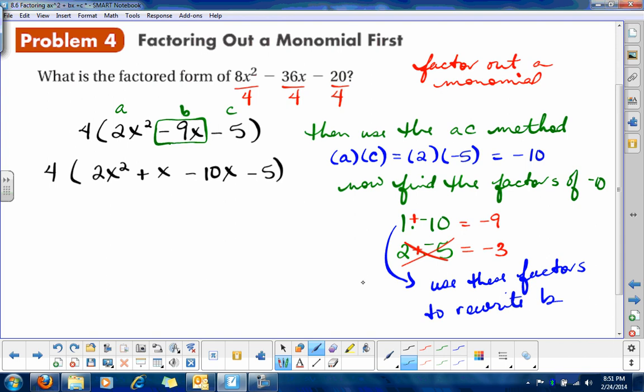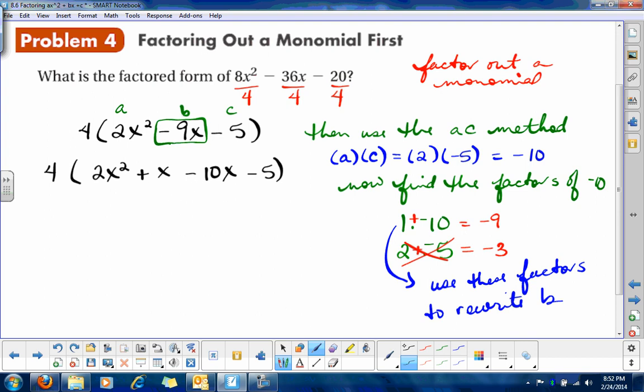What's wrong with that? Can I factor anything out of 2x and x? Yeah, I guess we can do that.